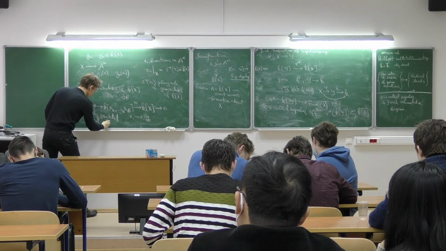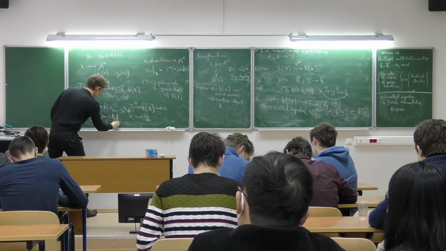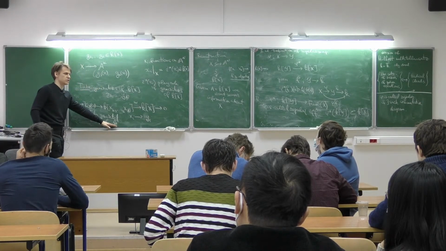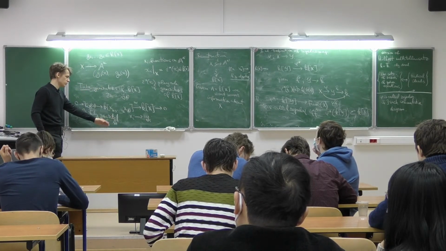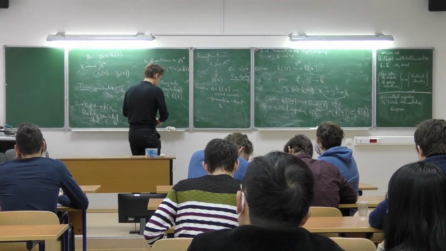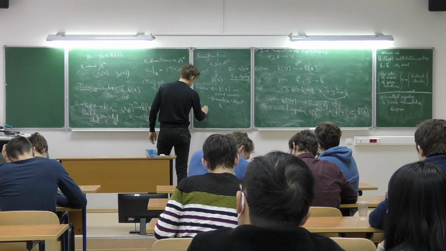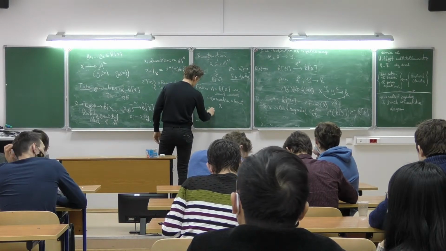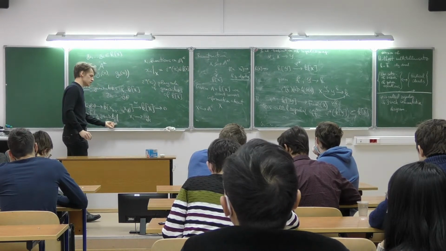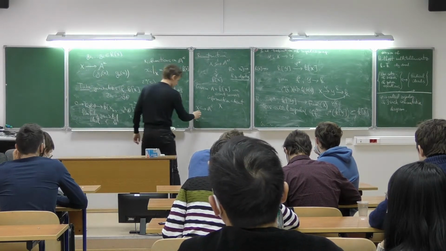So it is generated by a collection of polynomials f1, ..., fk, and you can use this collection of polynomials to define X as follows: embed X in n-dimensional affine space via the zeros of this system of polynomials.